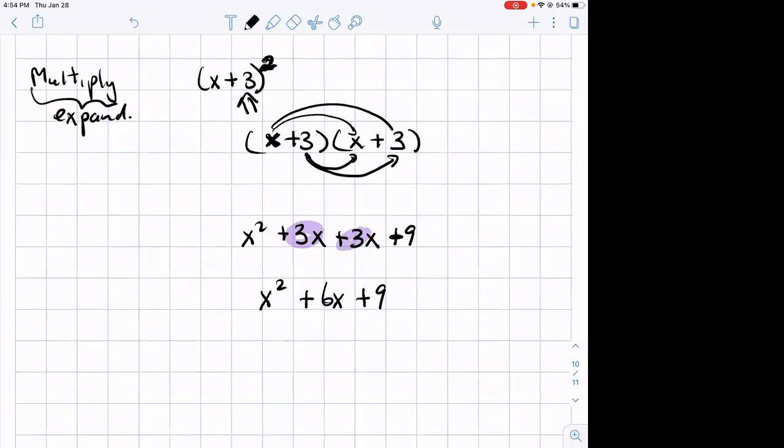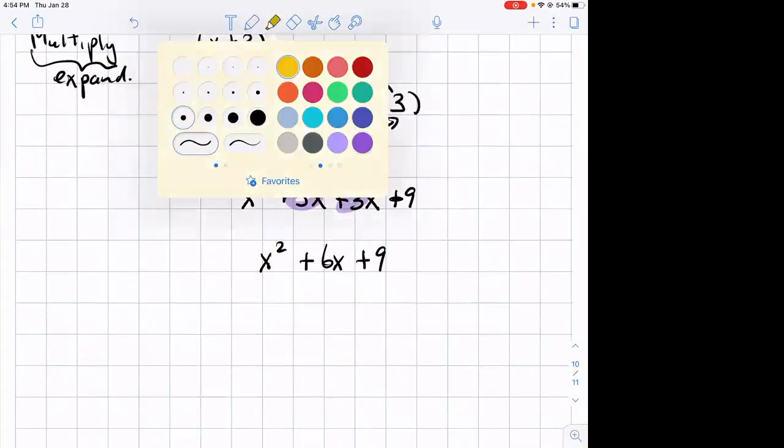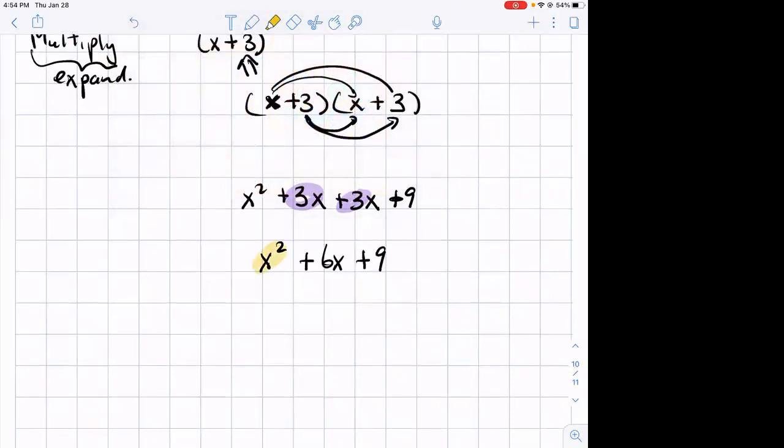So you notice when you multiply it, we have 3 terms. This is the first term, here is the second term, and here is the third term.